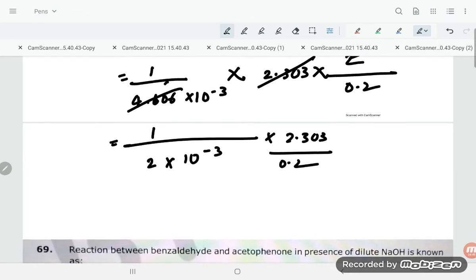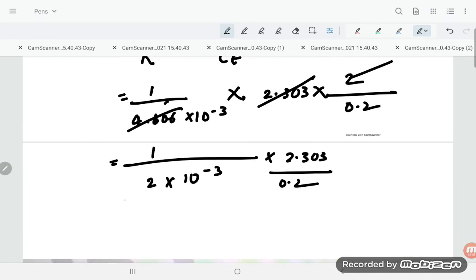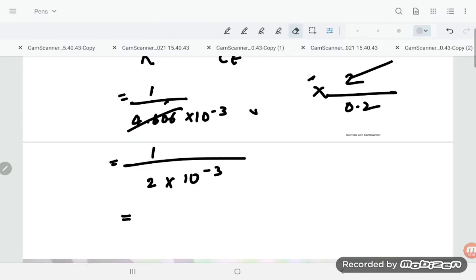If you solve it, how much will come? Here log is there, student. Wait, a little mistake we are making. Here it will be 2.303 and log will come.